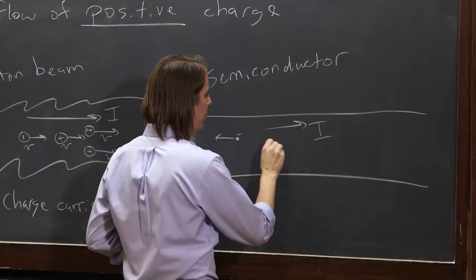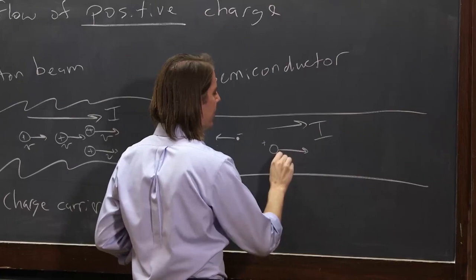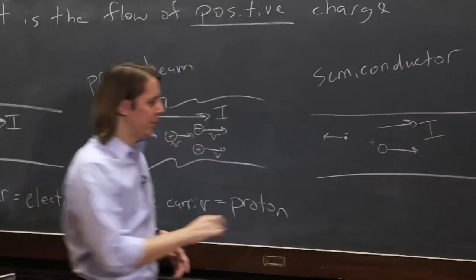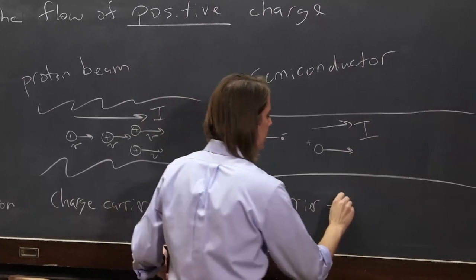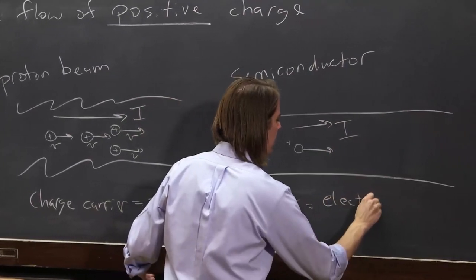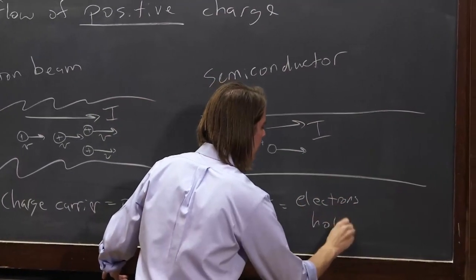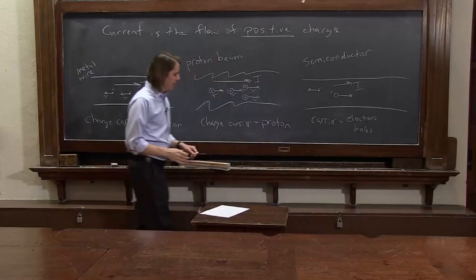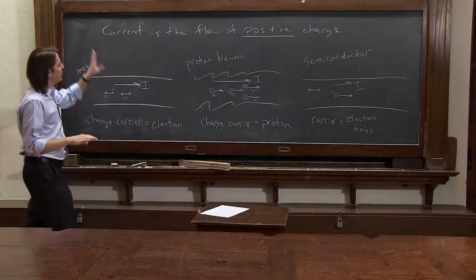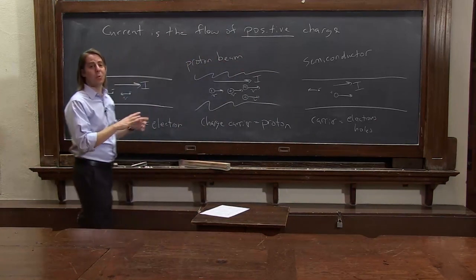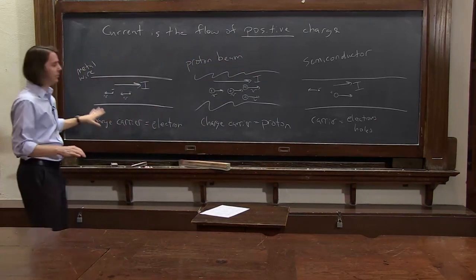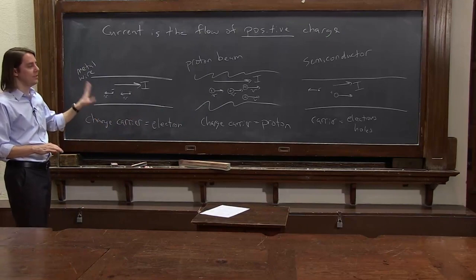And you can have little holes, little lacks of electron, flying around, and they'll go that way. So the charge carrier in this case is electrons going one way and holes going the other way. But that's something to always keep in mind. Current is defined as the flow of positive charge, even if you're working in a metal where all the charge carriers are negative. We can't fix it, we're just stuck that way.